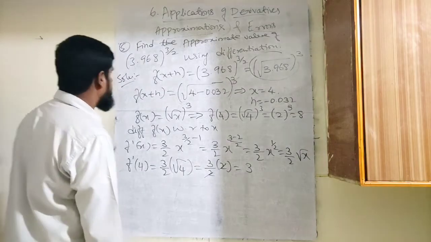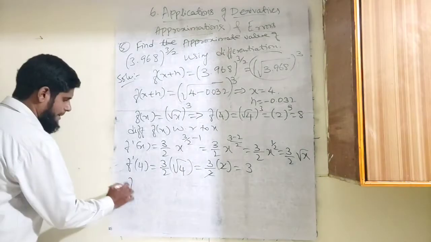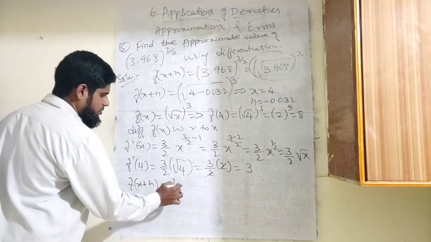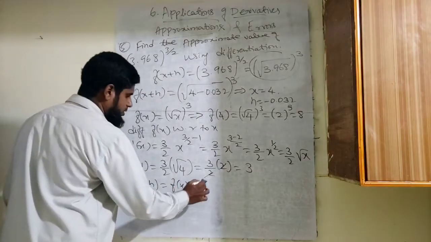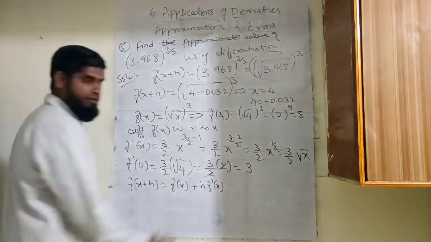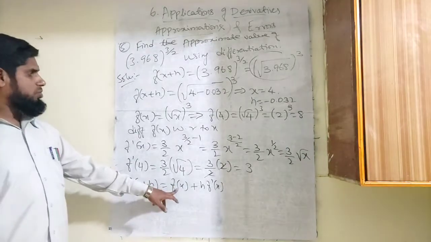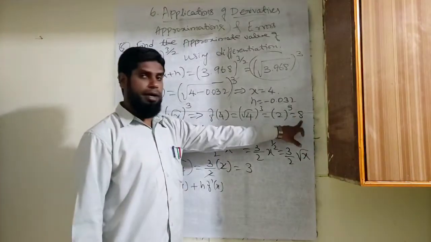So the formula is f of x plus h is equal to f of x plus h into f dash of x. I got the value of the function at x is equal to 4, it is 8.